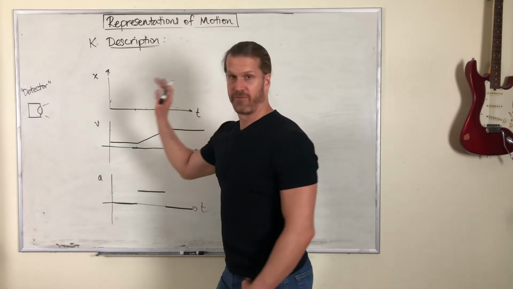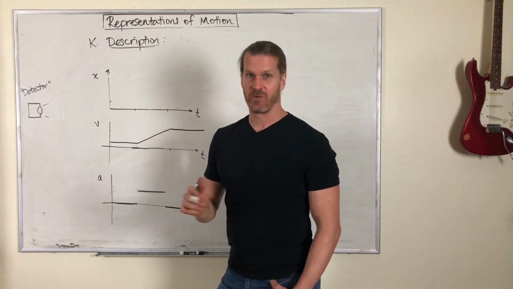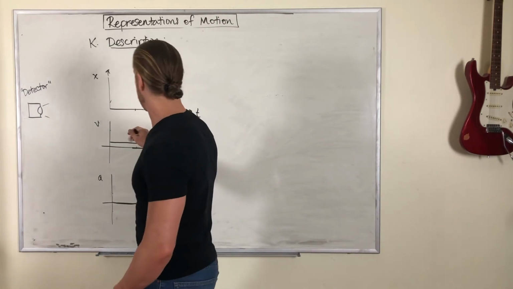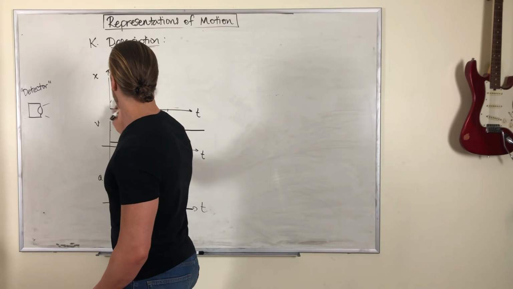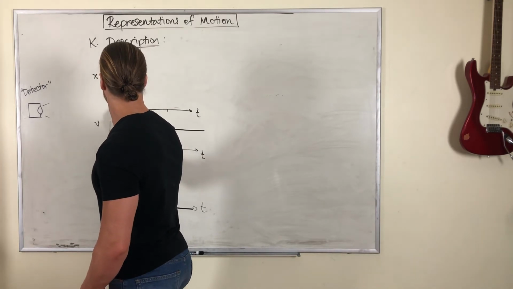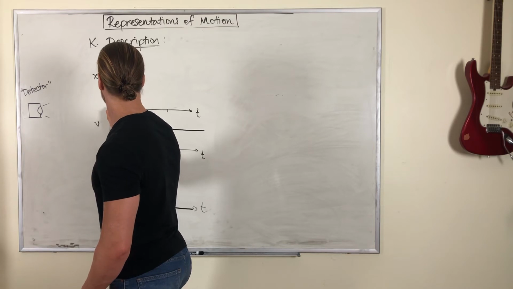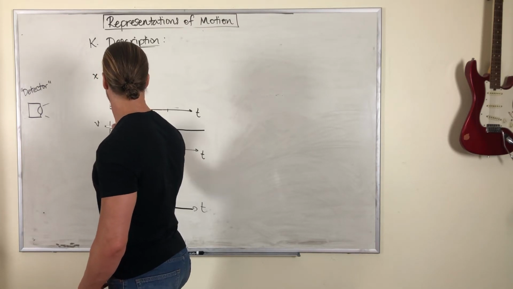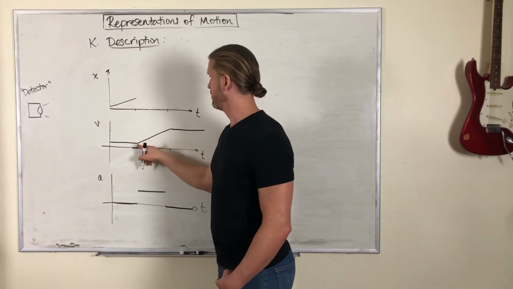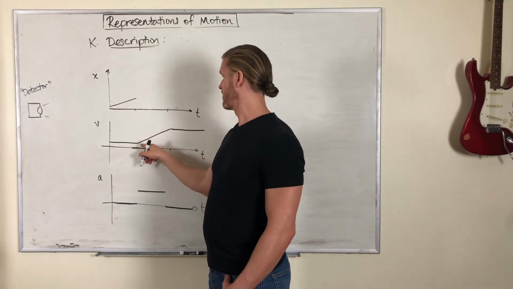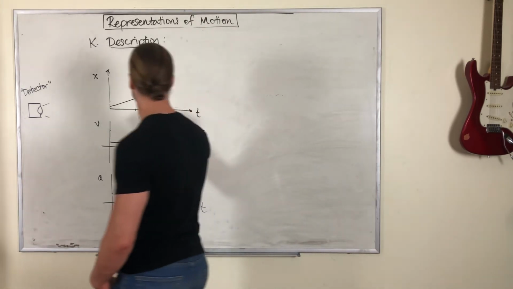So what the position graph would look like, this is kind of weird. It would start out being a line whose slope is the velocity, and then it morphs into a parabola here while the velocity is changing.